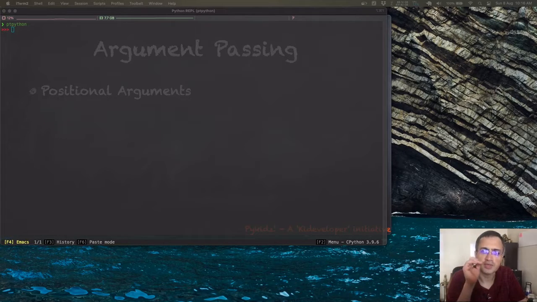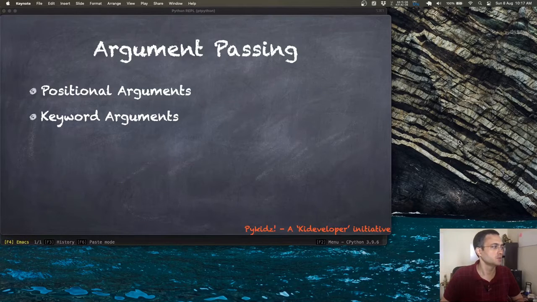This style, which I am going to demonstrate, is called keyword arguments passing. In this, a call to a function is done by specifying arguments in the form of keyword equal to value, something like this.